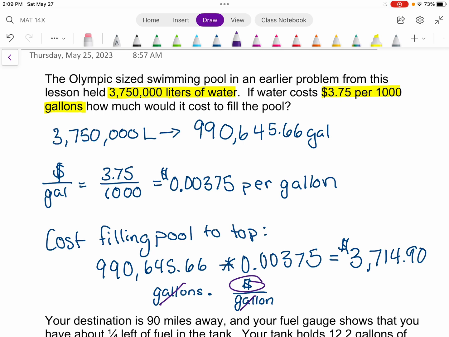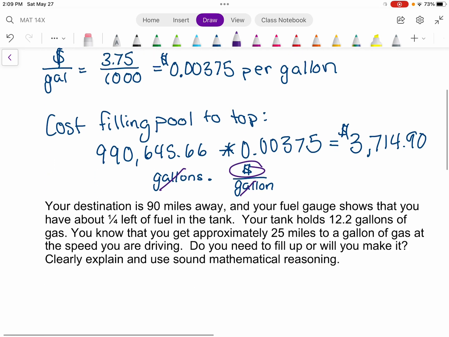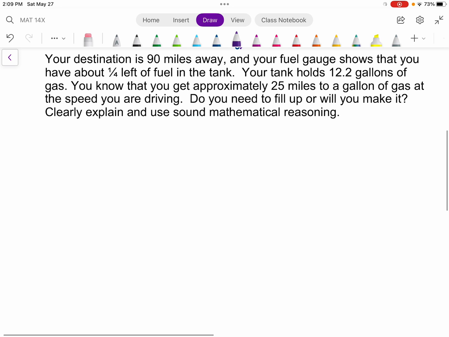The next one is actually asking us to make a decision and use the math to support our decision. And this is one that I go through often in my head, thinking things through and reasoning about whether or not I need to fill up my tank with gas.